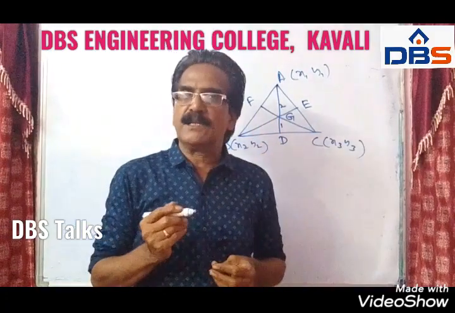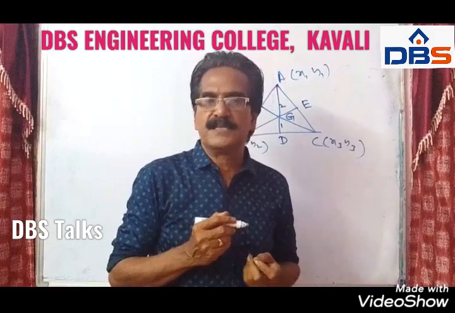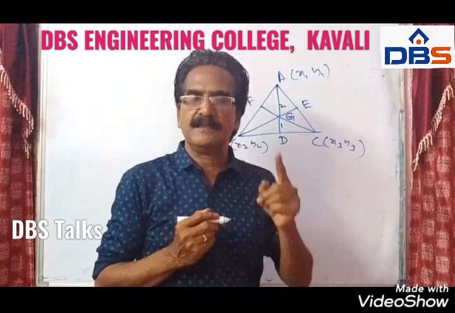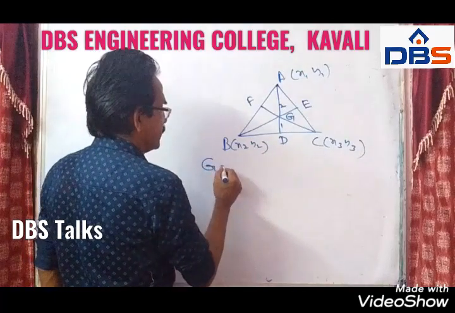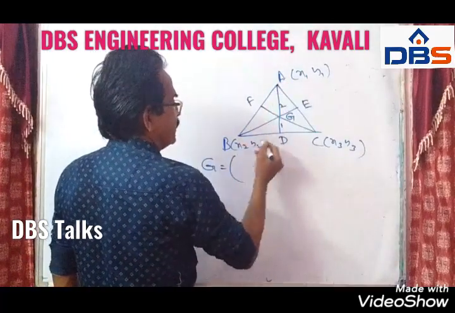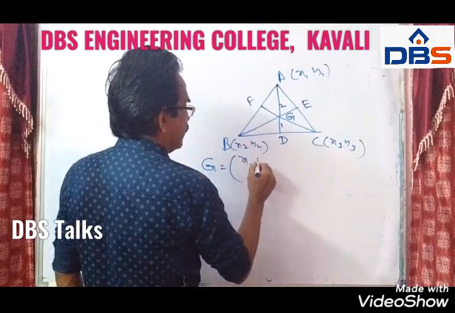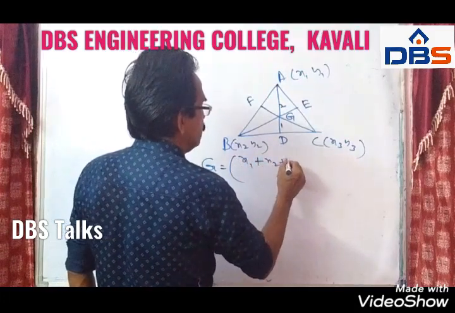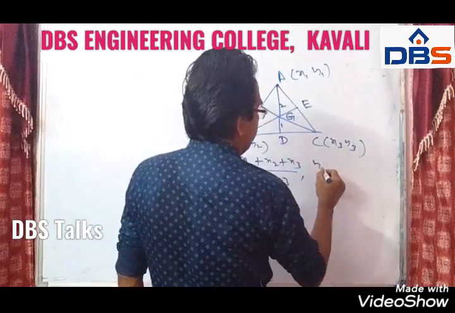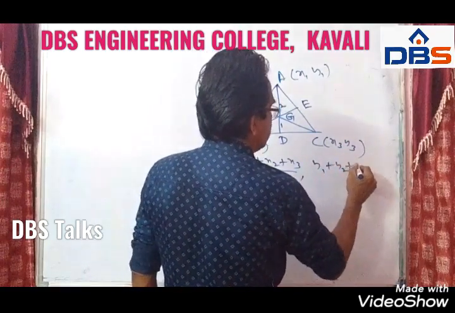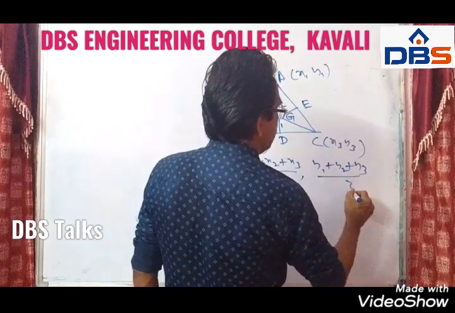And the coordinates of the centroid, that thing also you might be aware of. Centroid G is equal to ((x1 + x2 + x3)/3, (y1 + y2 + y3)/3).